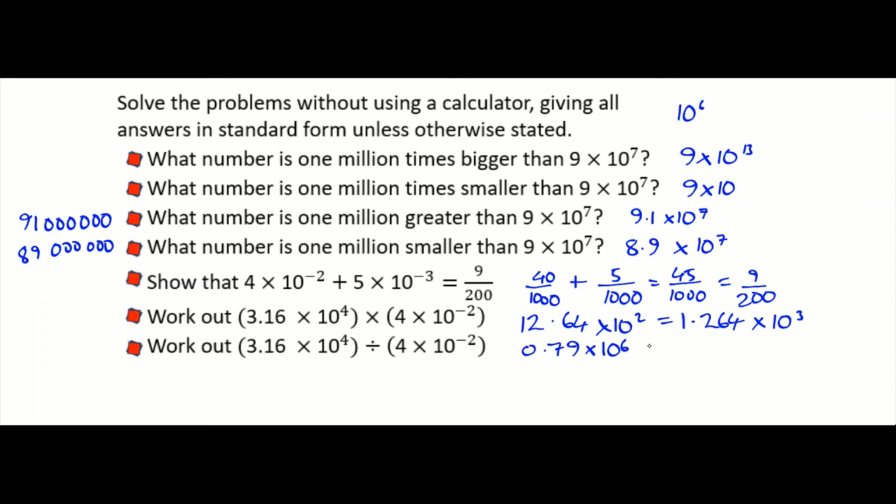Again, that's not in standard form, so if we rewrite that as 7.9, and then we would need to times that by 10 to the 6, but also this needs to be divided by 10 to make the number we actually wanted. So if we divide 10 to the 6 by 10, we'll get 10 to the power of 5.